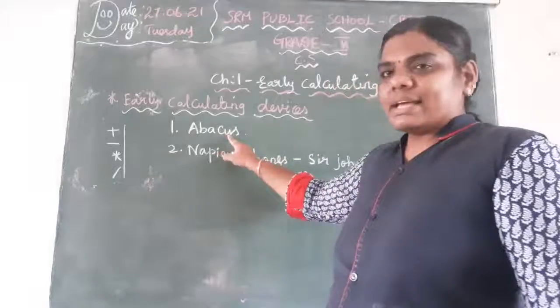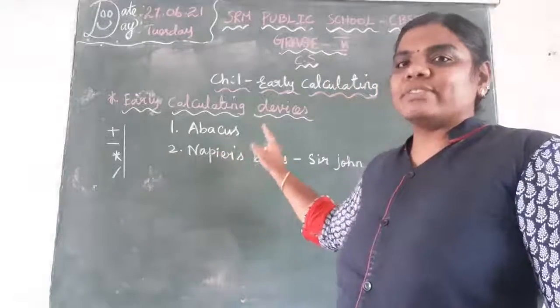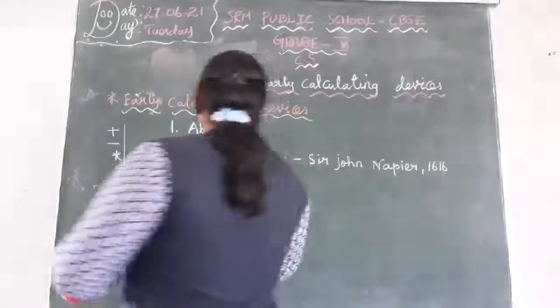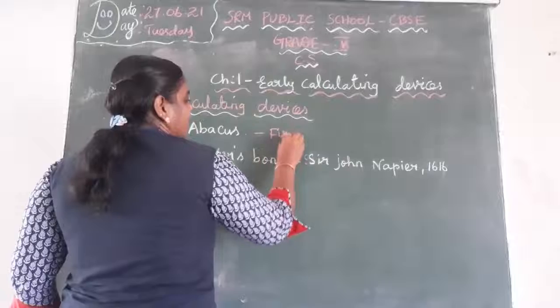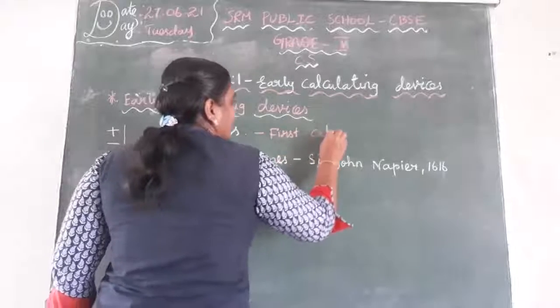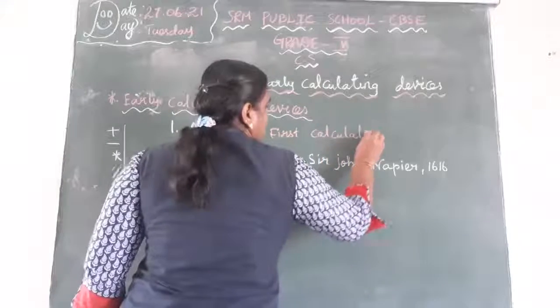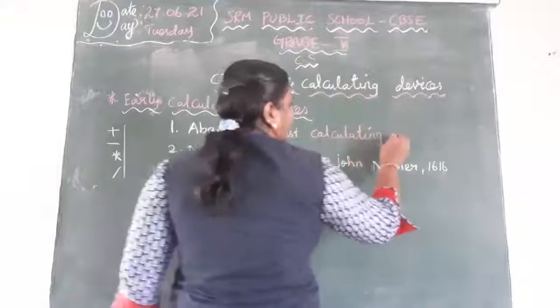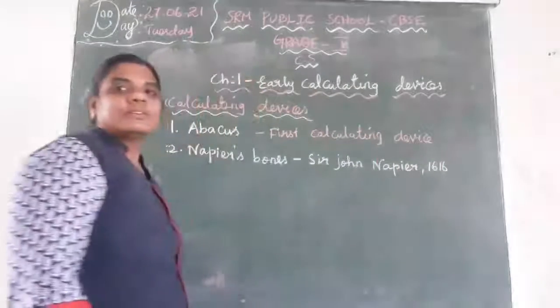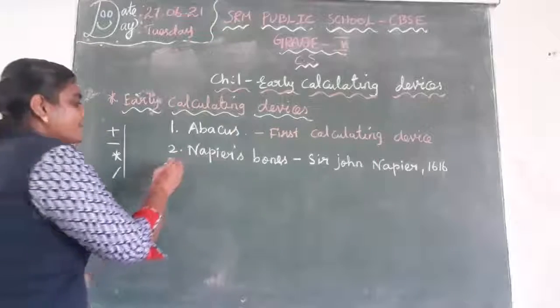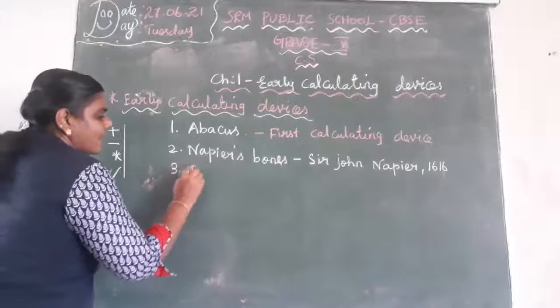Understand? The abacus is also called the first calculating device. Which is the first calculating device? Abacus. Okay. Understand? So next one, Pascaline.